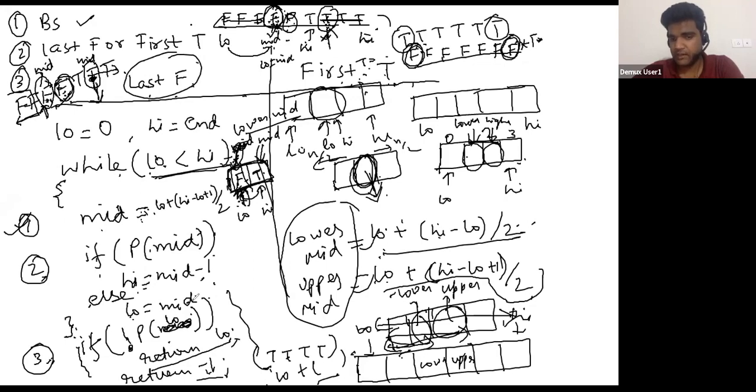So low is mid. Your low was already mid, so your low still remains mid. So does your search space reduce now? No, right, Karan? Your low was already here, your mid was also here. Now you are updating your low to mid, but both of them are already at the same position, which is here at the F. So for the next iteration also, low is this only and high is this only.